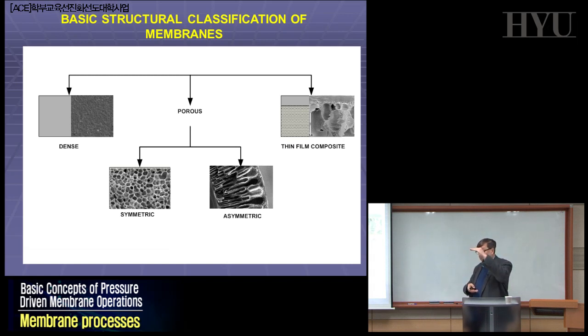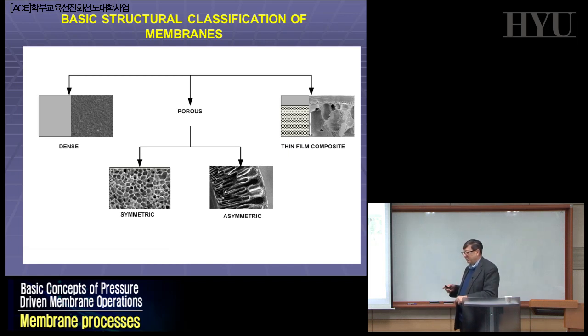Increasing the thickness for a certain driving force, you are decreasing the flux across your membranes. The overall mass transfer across the membrane is inversely proportional to the thickness. Increasing thickness, less matter is going across.